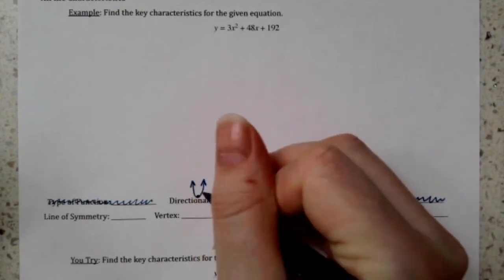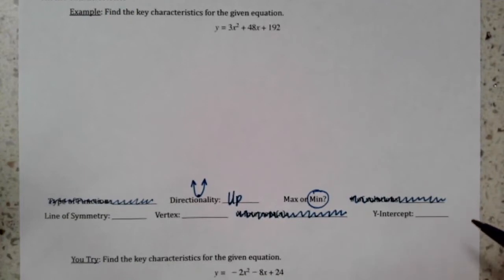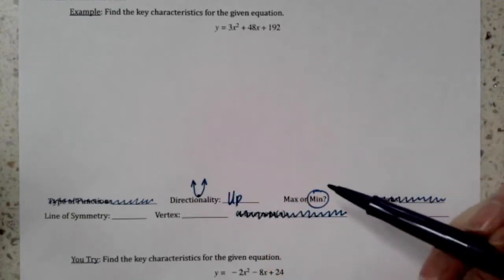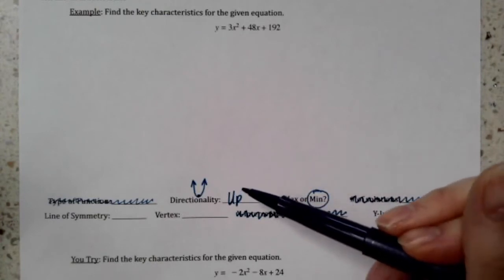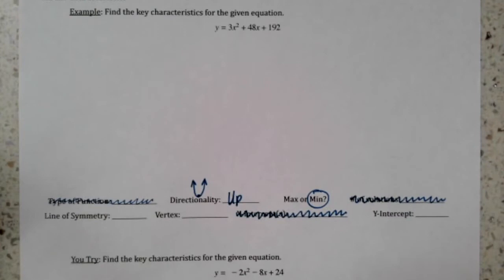In this case, it's like a bowl or a valley, so I have a minimum. If you don't need to sketch it, that's fine, but it does help me a lot because my brain doesn't connect up and minimum right away, and I'm assuming yours doesn't either, so drawing the sketch can be super helpful.